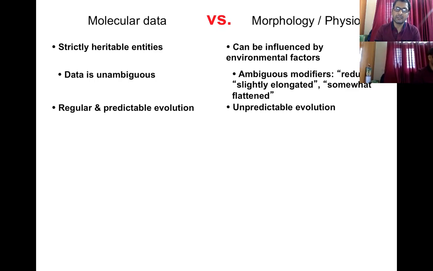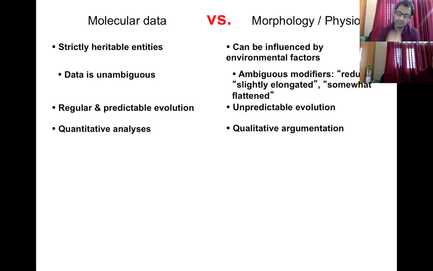Molecular evolution is regular and predictable, which means it will not change with time. The relationship between two species will always remain the same. However, morphological or physiological evolution is unpredictable, because the same species, when it goes to another environment, will have different characteristics, so it becomes very unpredictable.